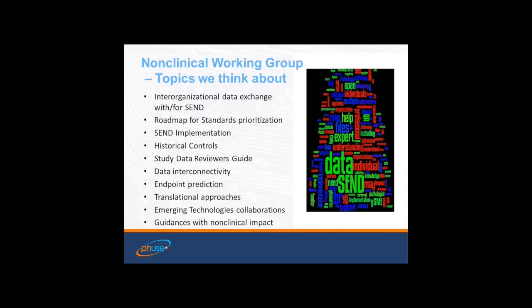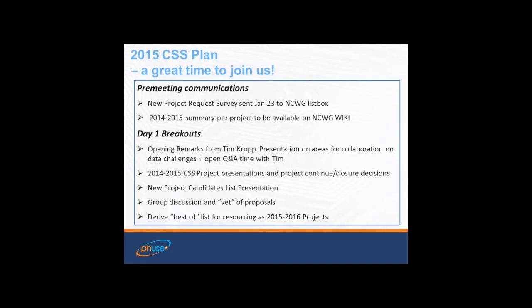For 2015 CSS this year, we've really come to the end point on a lot of projects we've started over the last 3 years. We've closed some and opened some, and we're at the point now where we're ready to pull for a whole new set of projects.